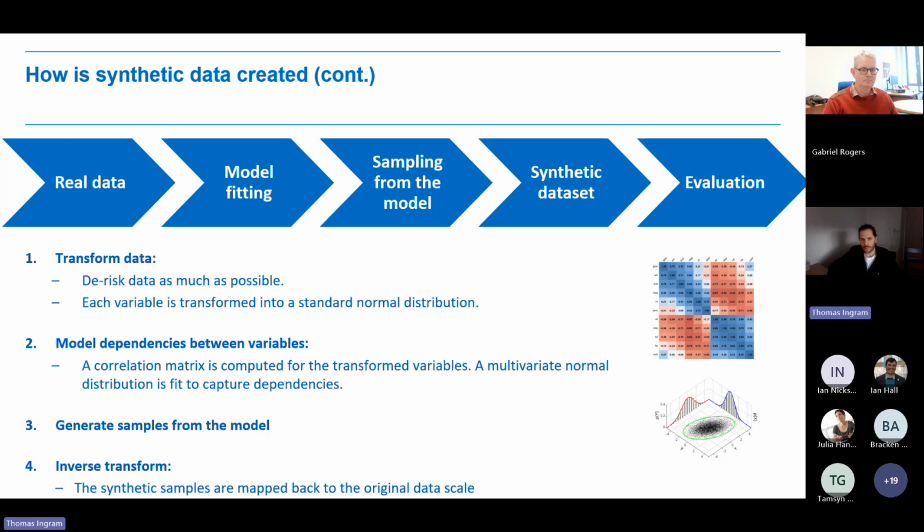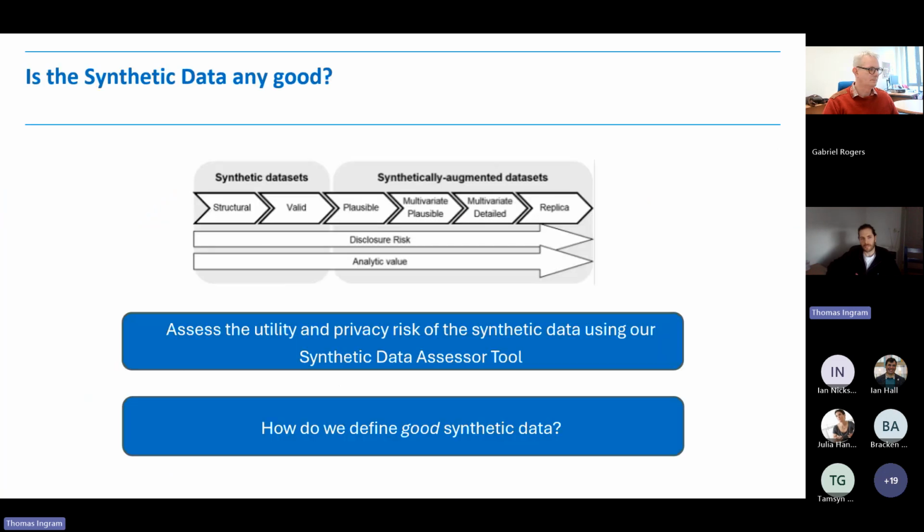It's fairly straightforward, and to be honest, it's not the hardest part of creating synthetic data. The hardest part is the iterative process that I'll come on to later, the creation, and then the assessment, and then going back to the creation, and then making it better. We'll talk about that next, I think.